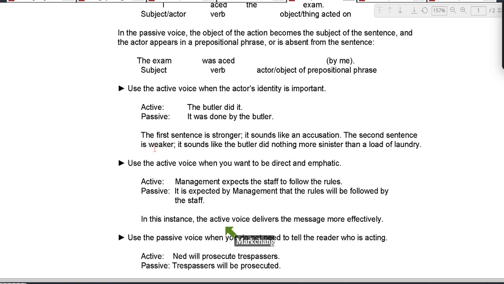So the second sentence is weaker. It sounds like the bullet did nothing more sinister than a load of laundry. What is a load of laundry? Laundry is something where you wash your clothes.